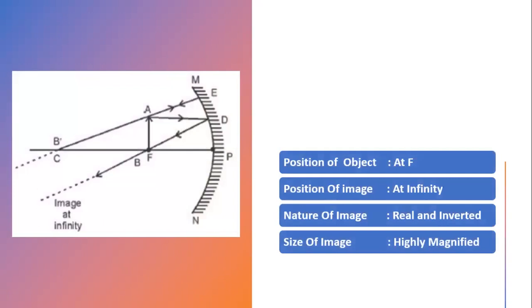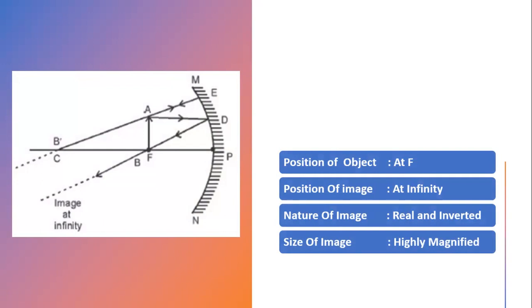Then this is the fifth case. Here we are placing the object at focus. So we are considering the 2 light rays. The first ray which is incident through center of curvature will be reflected back through center of curvature. And the second ray which is parallel to principal axis will be reflected back through focus.